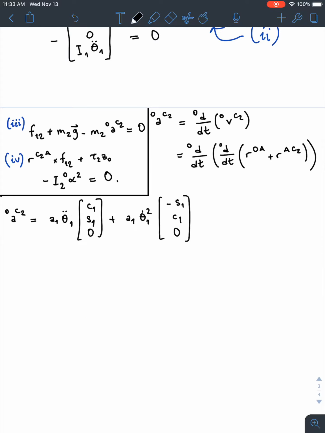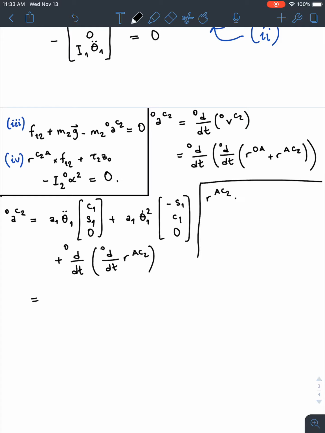I'll go to the next line and add to it the derivative in 0 of RAC2. RAC2 is equal to A2 over 2 x2, if we have a coordinate system such that x2 points along the midline of the second link.